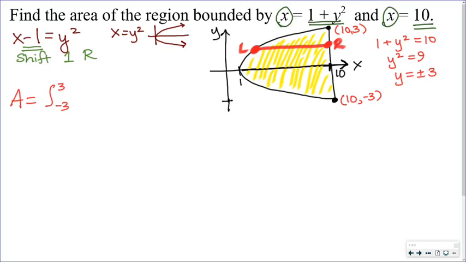And now I want to do my right x value minus my left x value. My right x value is 10, that's the line. My left x value is 1 minus y squared. So this is your right x value minus your left x value.